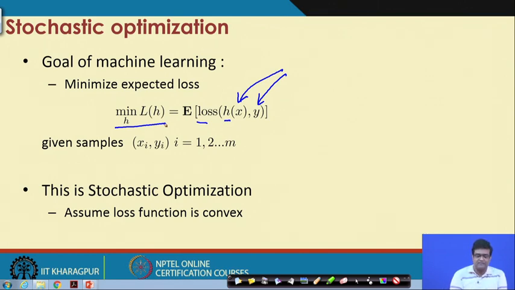Now you are given the samples xi and yi from a particular distribution. Here I have written this term expectation.